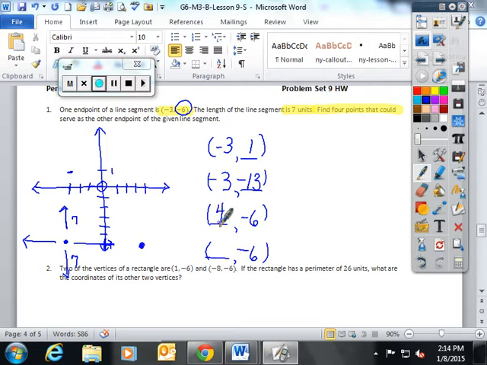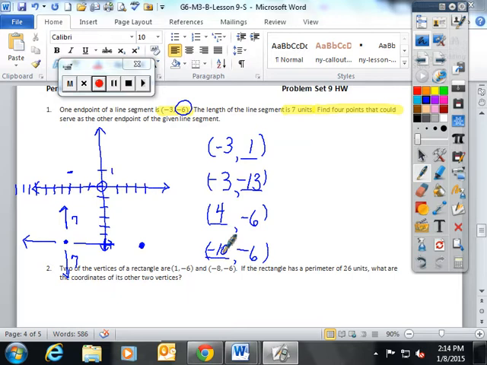Then if I was going more negative this way from negative 3, negative 6, I would be going negative 3, negative 4, negative 5, negative 6, negative 7, negative 8, negative 9, negative 10. Because if negative 3 is right here, 1, 2, 3, 4, 5, 6, 7, this would be negative 10.